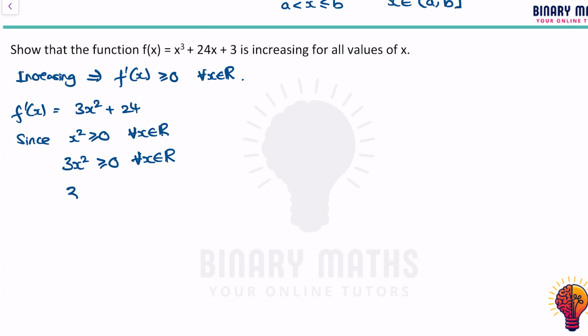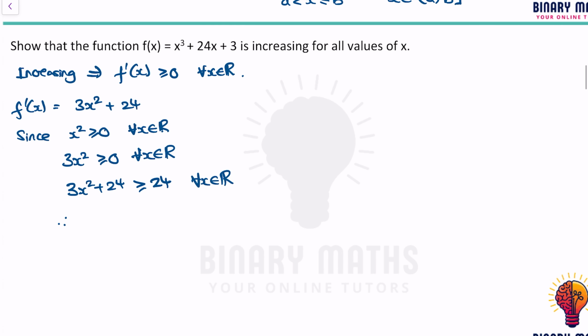That means 3x squared plus 24 will always be greater than or equal to 24 for all x is an element of reals. But that means if it's greater than or equal to 24, then 3x squared plus 24 is definitely greater than or equal to 0, because it's always 24 or more, for all x is an element of reals.